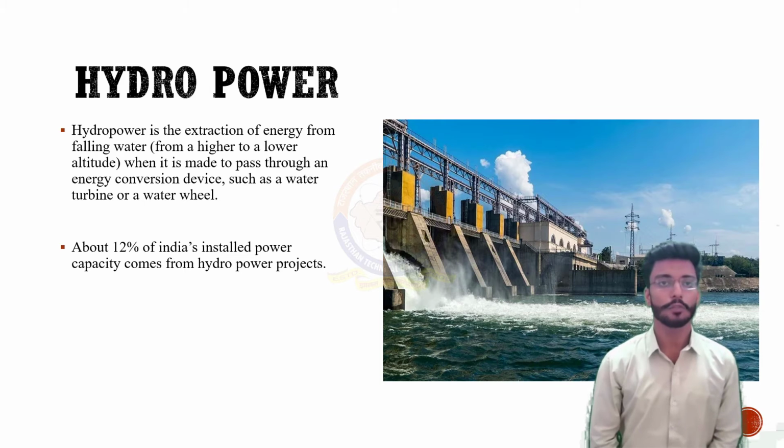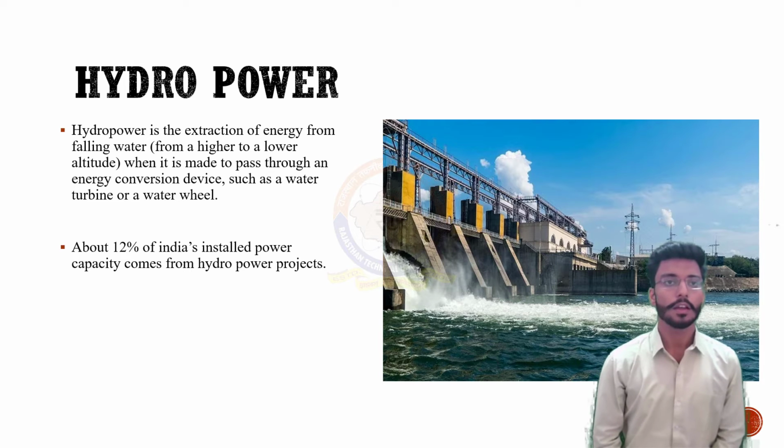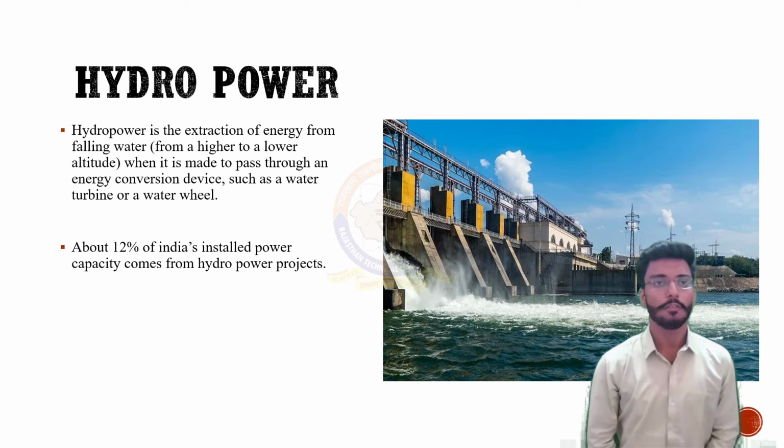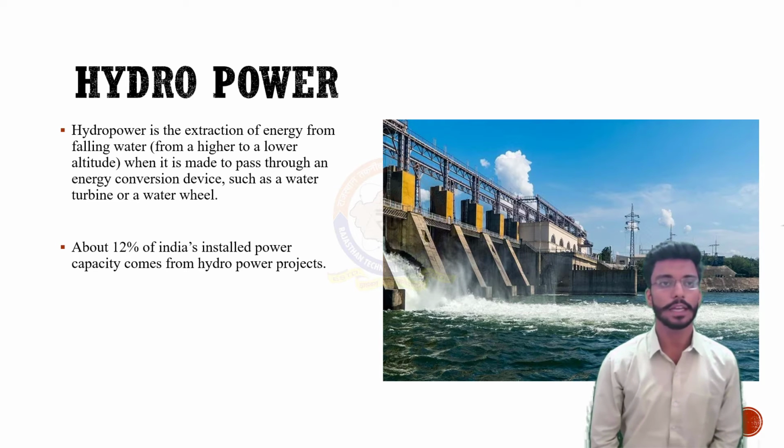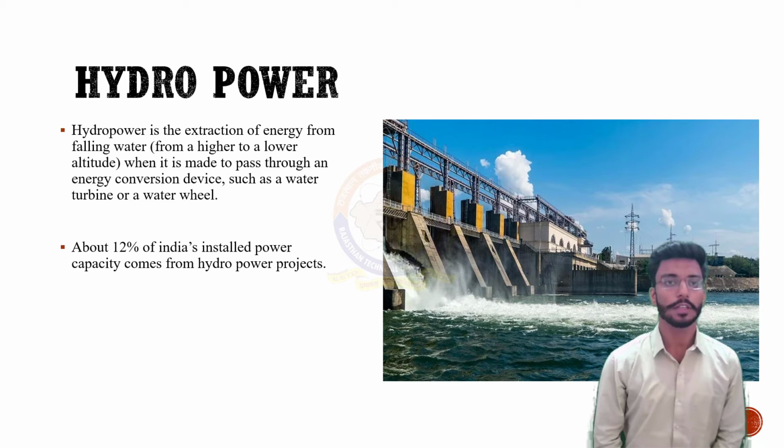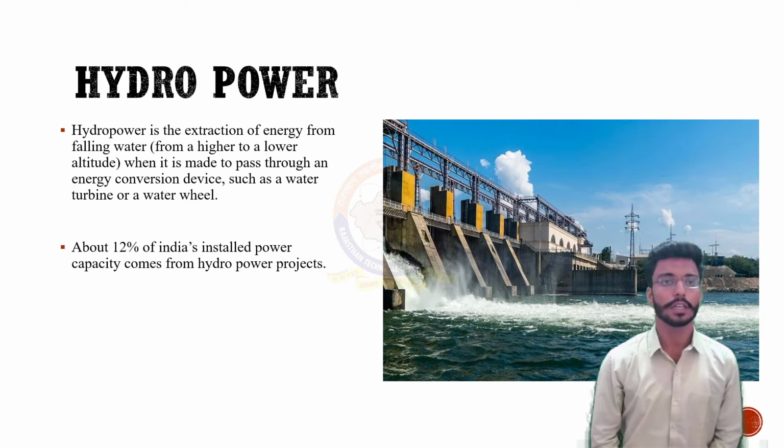The third one is hydropower energy. Hydropower is the extraction of energy from falling water from a higher to a lower altitude when it is made to pass through an energy conversion device such as a water turbine or water wheel. A water turbine converts the energy of water into mechanical energy, which in turn is often converted into electrical energy by means of a generator.